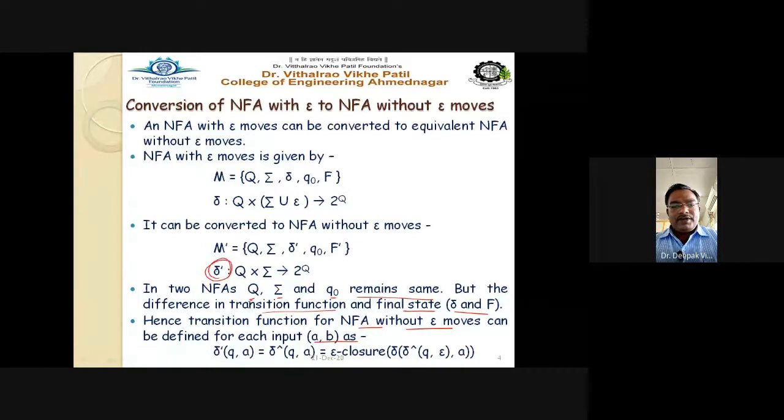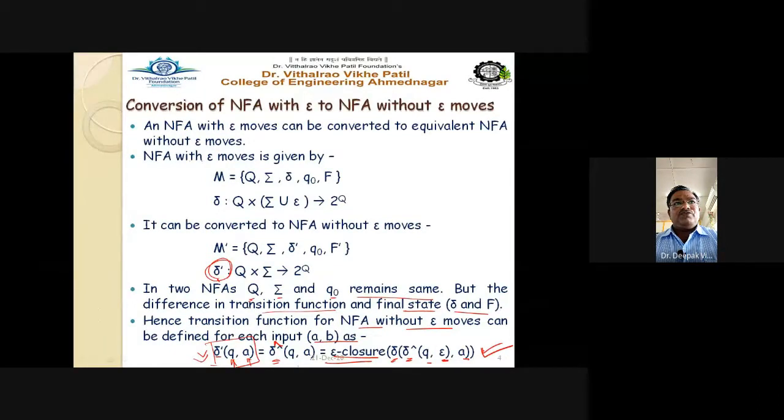Delta dash of Q, A, where Q is your state and A is some input alphabet, equals delta cap of Q comma A, which is the epsilon closure of delta cap of Q comma epsilon comma A. So this is the formula. That is the formula we have to use to get delta dash of Q comma A. Remember this particular formula for the conversion from delta to delta dash.